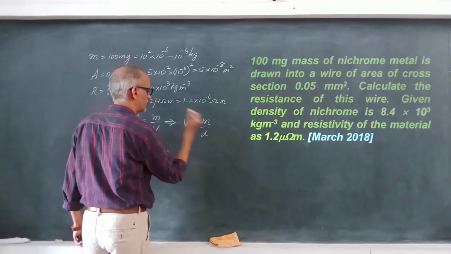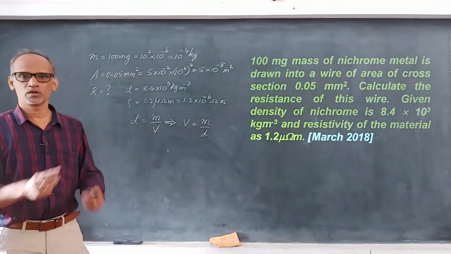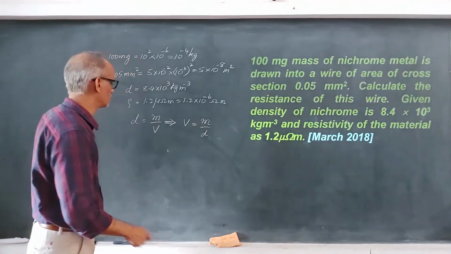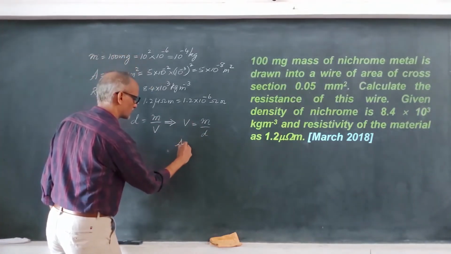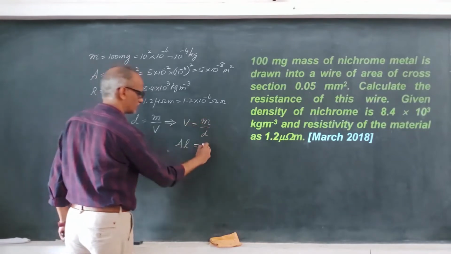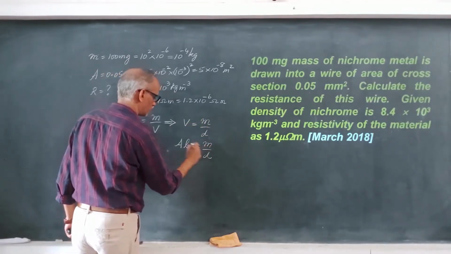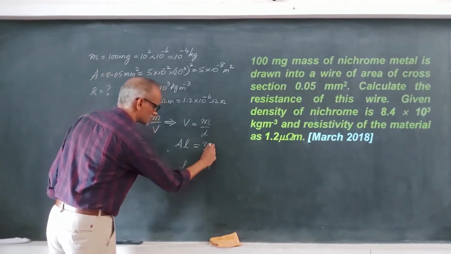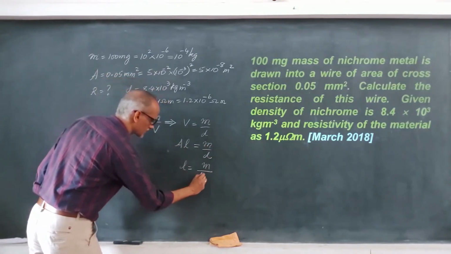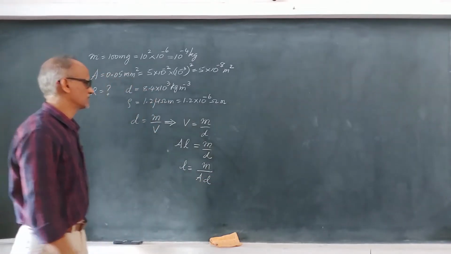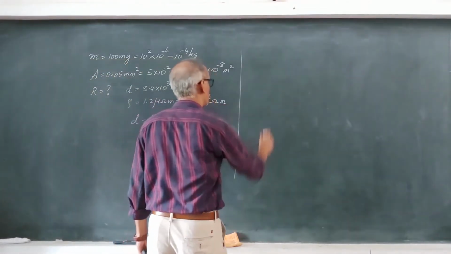How do you find the volume of a wire? Area of cross section into the length will give you the volume. So that equals M by D, and from this I'll get the length to be equal to mass by area of cross section into density.